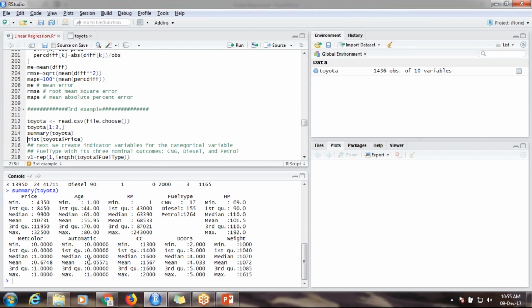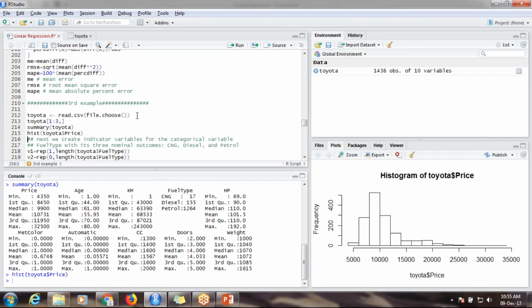Automatic should be a factor variable, it shouldn't be a numeric one. Same with metallic color, I need to change this. I'll take care of it also. And if you see the variance of my price, this is how it has been distributed.